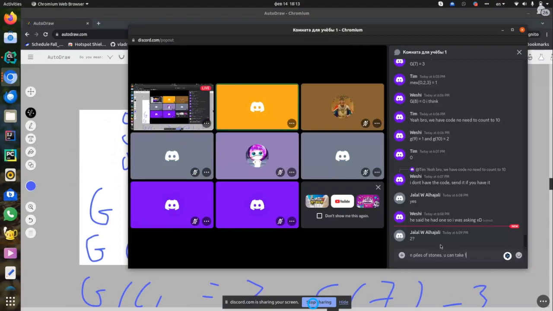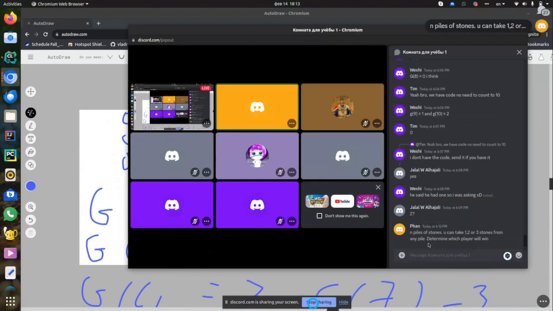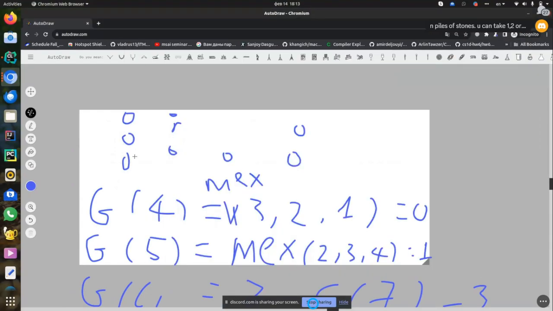You can take 1, 2, or 3 stones from any pile. Can the first player win? We already know the Sprague-Grundy theorem.